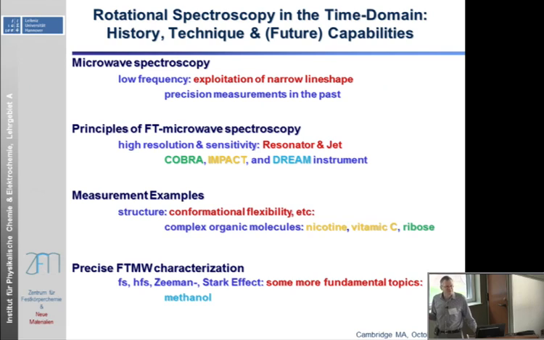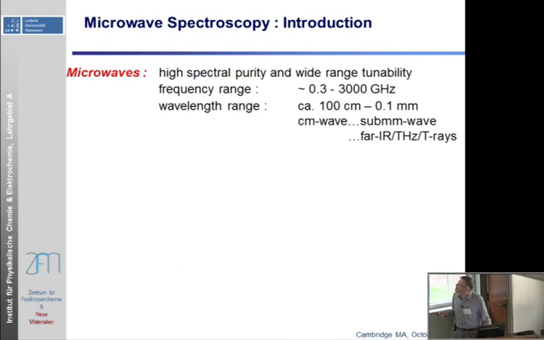I tried two times and failed, I must admit. Very sad, but I'm continuing trying. I'll show some examples of complex organic molecules, and then what precise FT-MW spectroscopy might do for you, and how you might also be able to apply this to astronomy or astrophysics in a more fundamental way.